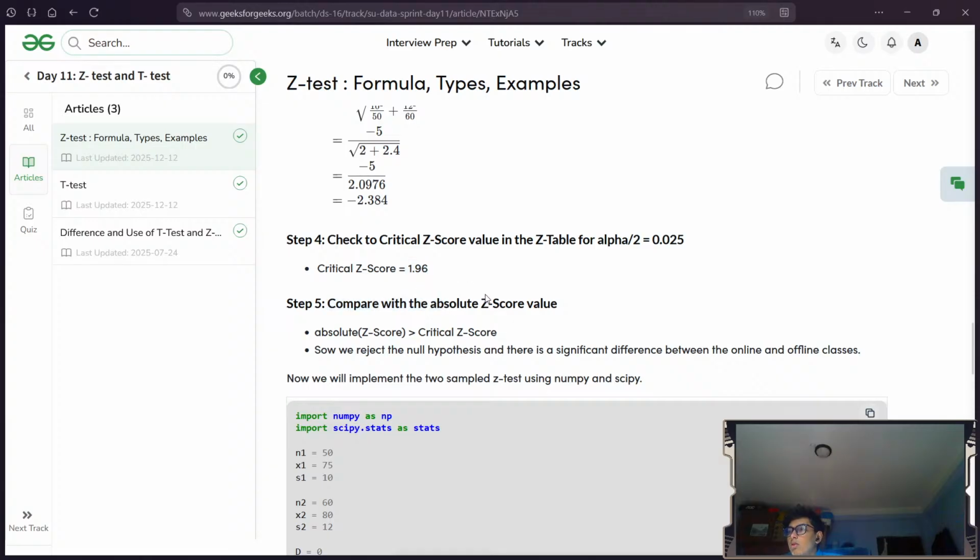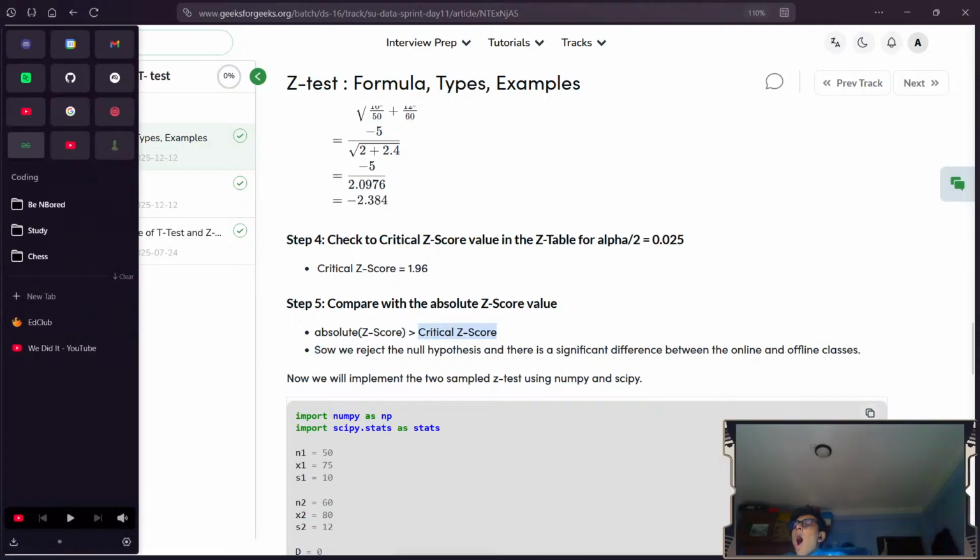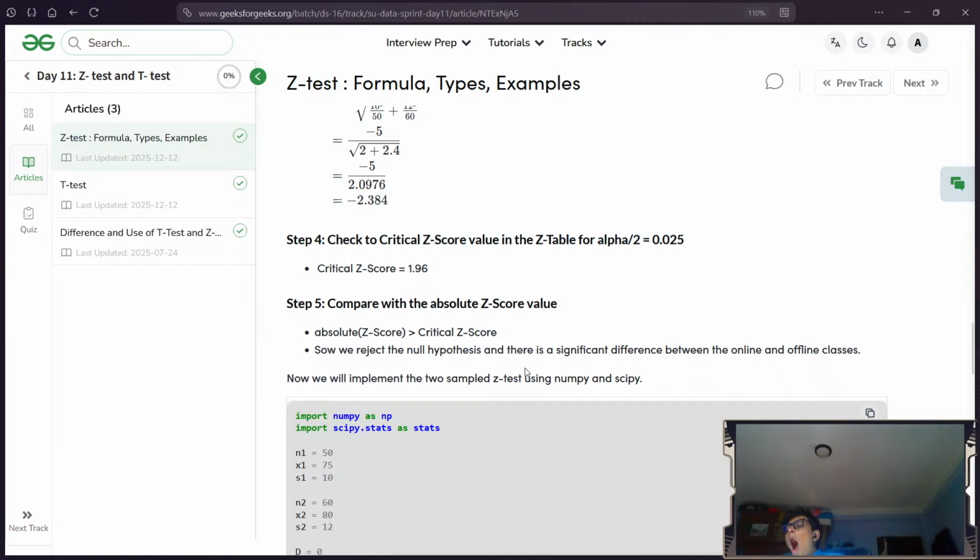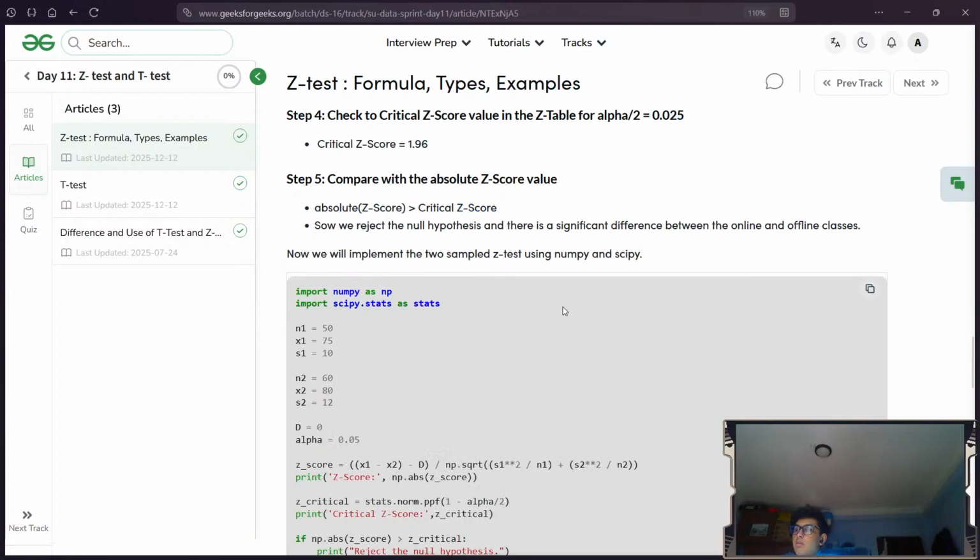Compare with the absolute Z score value. The absolute Z score is greater than the critical Z score, so we reject the null hypothesis, and there is a significant difference between the online and offline classes. For the critical Z, alpha by 2 is 0.025, and that is looked up in the table.